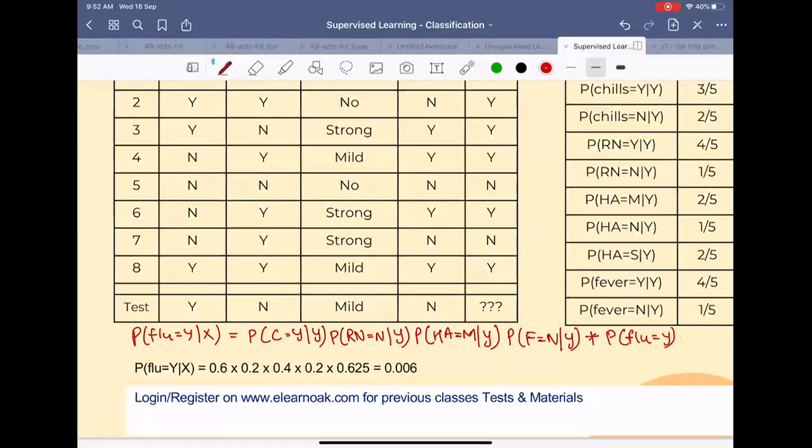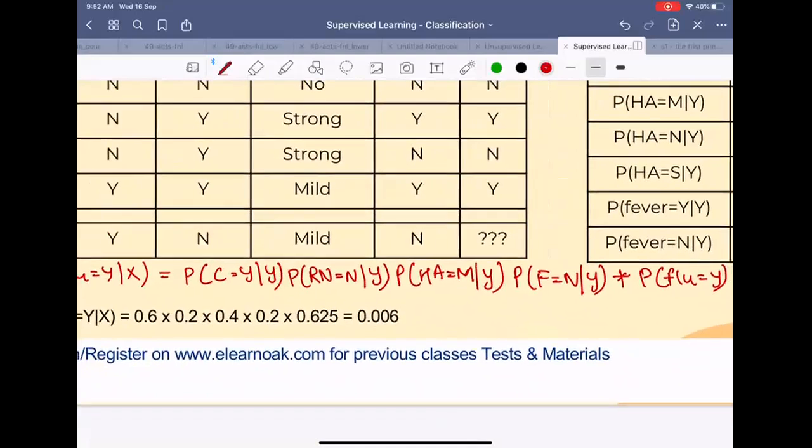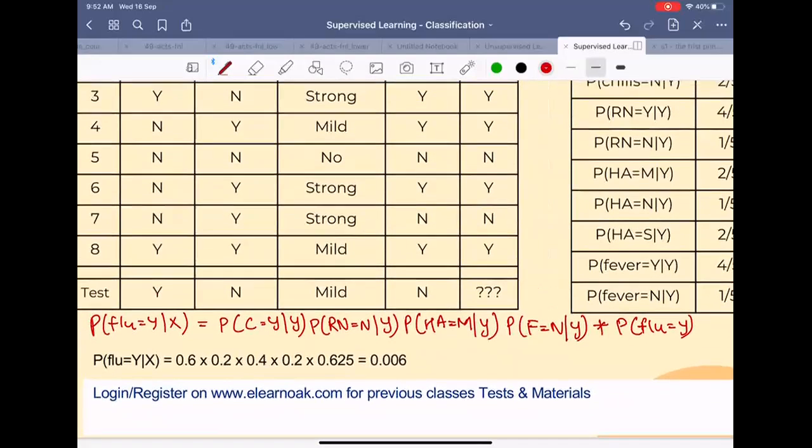And this formula will help me evaluate this term.